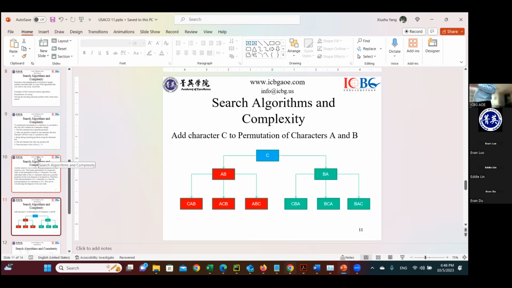So if this salesman needs to visit 10 places, and he needs to find the shortest distance, that means he needs to check 3.6 million possibilities. You see how big it goes. So that's why it takes a lot of time to calculate. It's very complicated. It's the most complicated in big O notation. Big O notation is the factorial, okay?